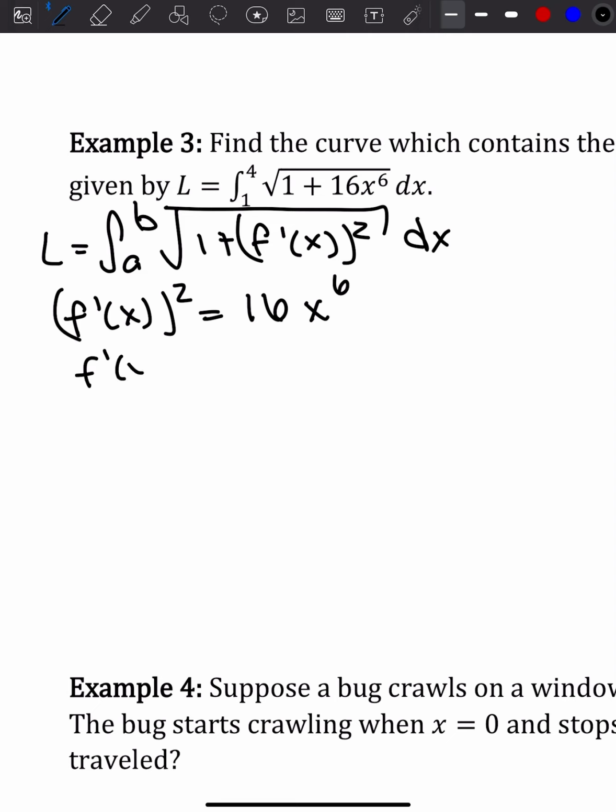If I square root 16, this gives us 4, and then I need to square root x to the 6th, or think about what multiplied by itself gives me x to the 6th, which would be x cubed. So if I multiply 4 by 4, that gives me 16, x cubed times x cubed gives me x to the 6th. So I know this is f prime.